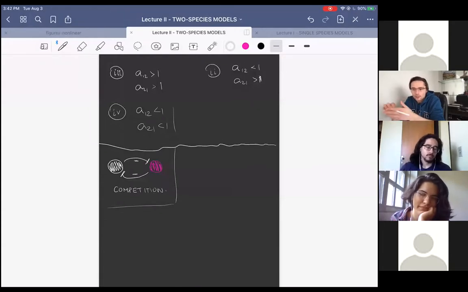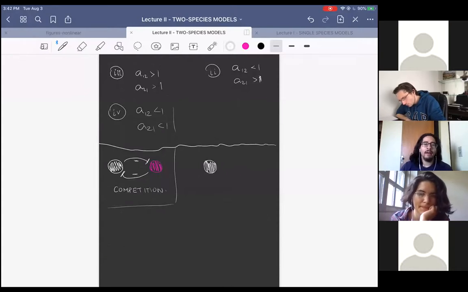But there are many other interactions that are equally important. So for instance, we have a type of interaction that maybe is more familiar to those of you that haven't studied ecology that much, but are curious enough to read about it. That is a prey-predator interaction, where the presence of one of the species favors or allows for the growth of the other.